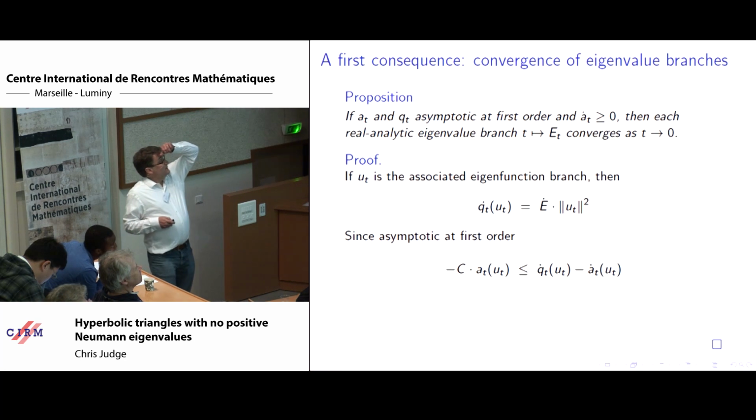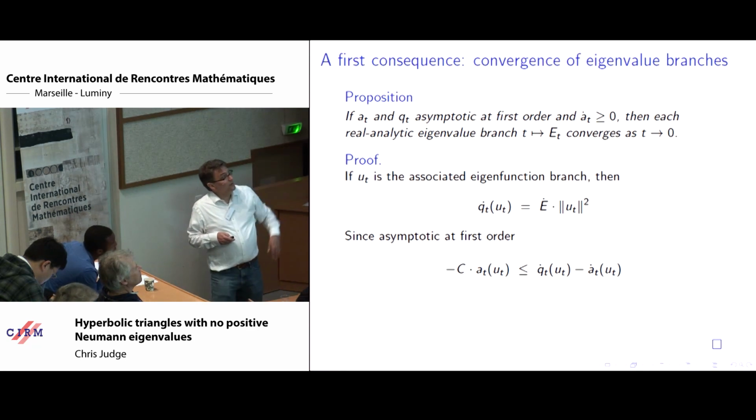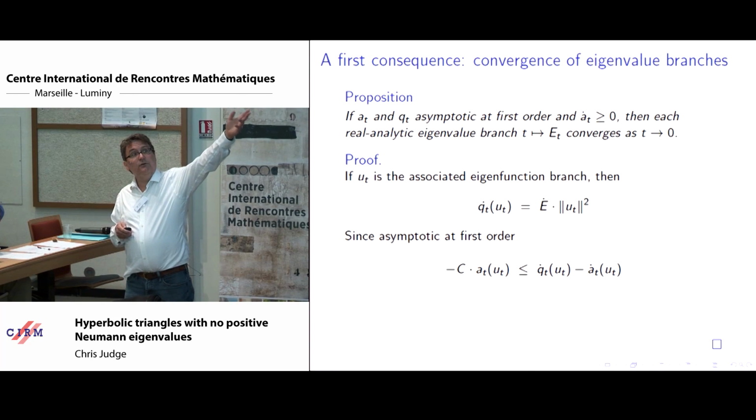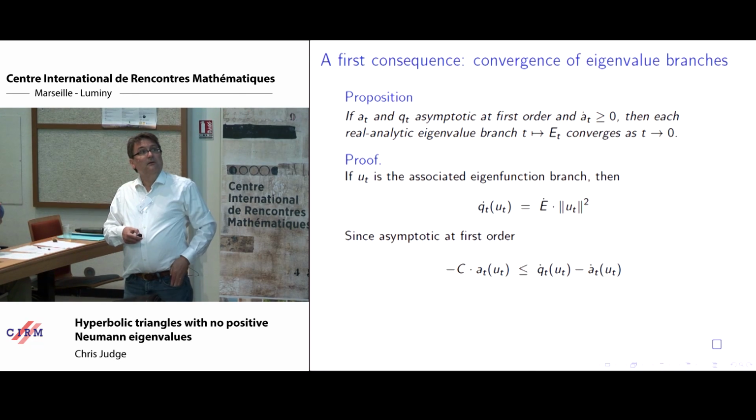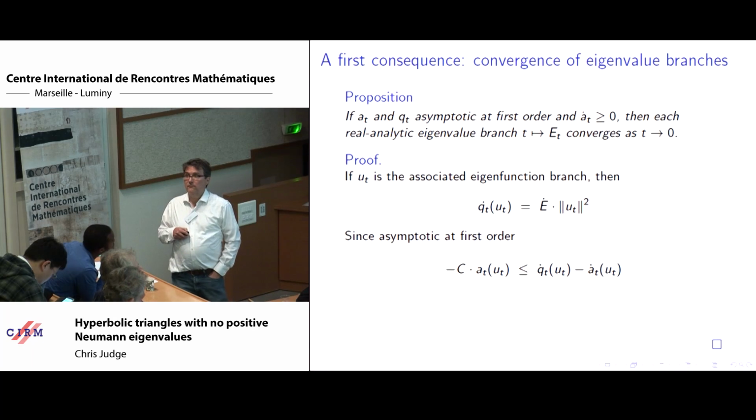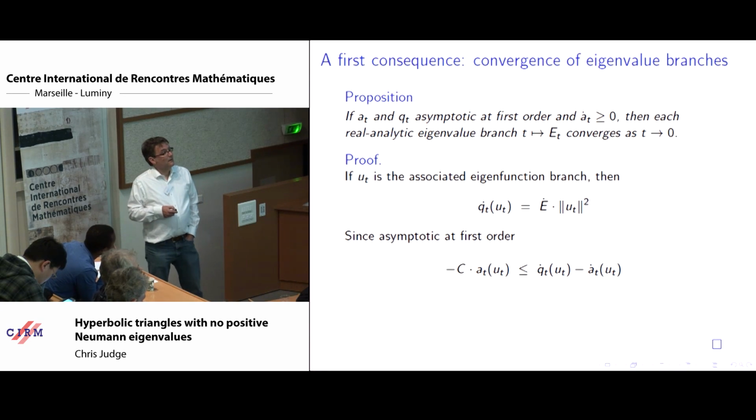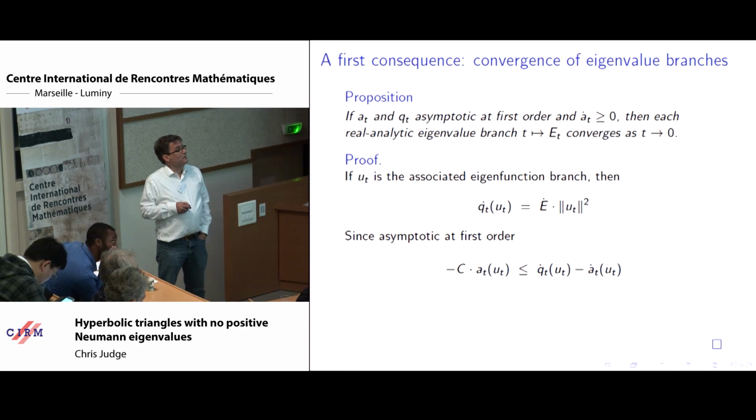So the proof is, look at your eigenvalue function branch, UT associated to ET, and then this is a basic formula that the derivative of the eigenvalue is essentially given by the quadratic form divided by the norm squared.